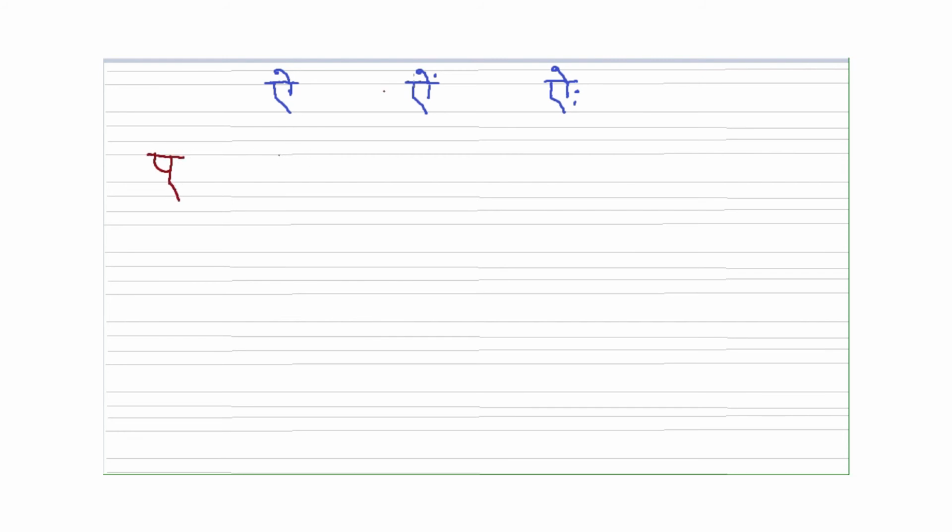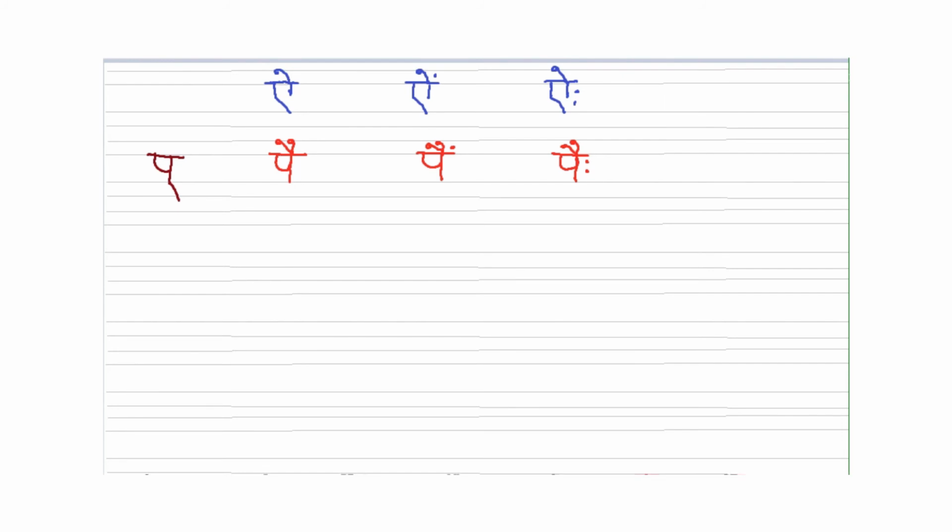So for pi, it will be two antlers. Pi. Paim. Paihi.